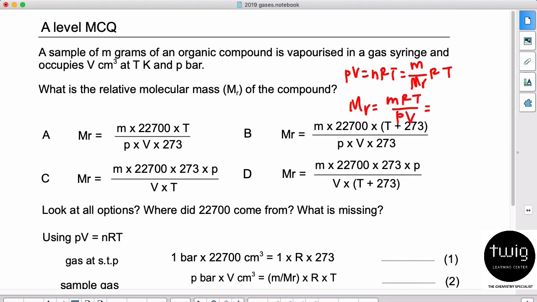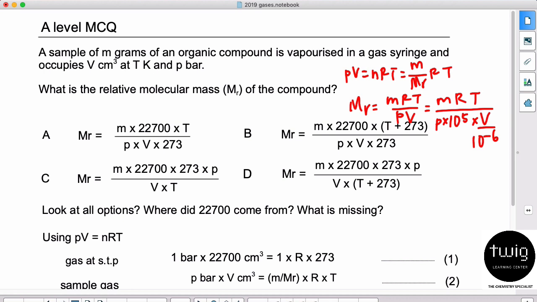Mass is m, temperature is T, pressure is P bar so I change it to pascals, P times 10 to the power 5. Volume is in cm cube, so I change it to dm cube, V over 10 to the power minus 6. This is how I do it.